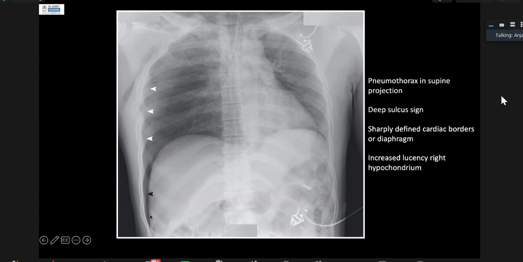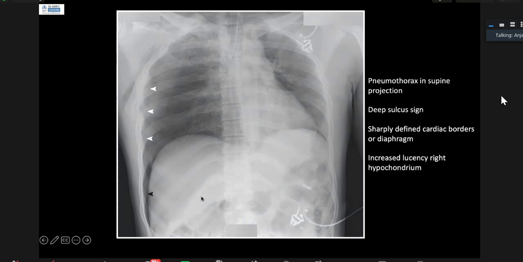This is called a deep sulcus sign. And we are clearly seeing the outline of right dome diaphragm. If this was an adequately positioned X-ray, then you would have seen the right heart border also clearly. Can you appreciate the increased blackness or lucency over the right hypochondrium or over the liver? That is because, we saw the pleural reflections when we saw the anatomy, the anterior pleural reflection dips quite lower down to the anterior costophrenic angle.